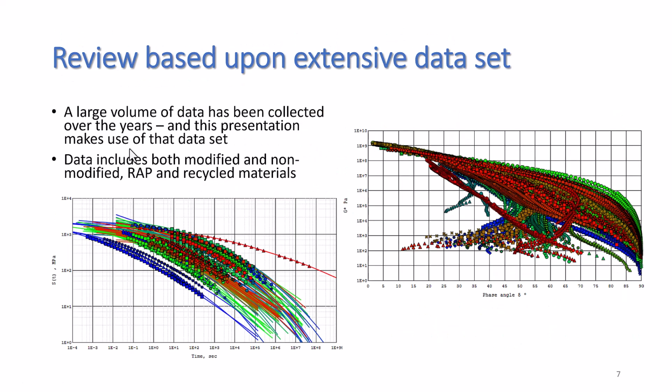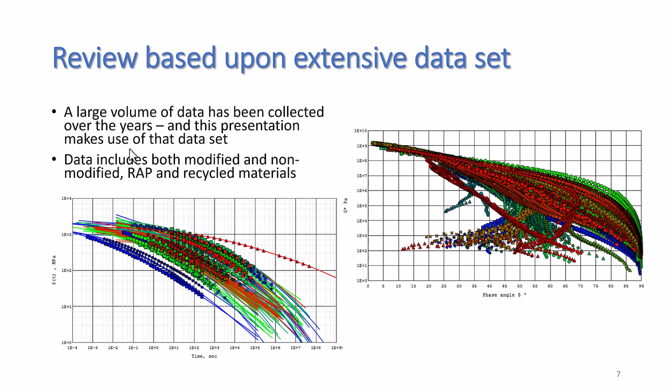Now, what we've done recently is taken a whole lot of binder data and put this into an analysis and try to look at some different parameters. These include modified binders. They include binders with recycled asphalt pavement, RAP, and other recycled materials like recycled asphalt shingles.